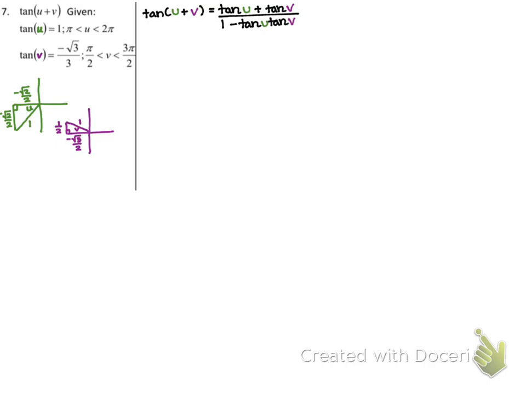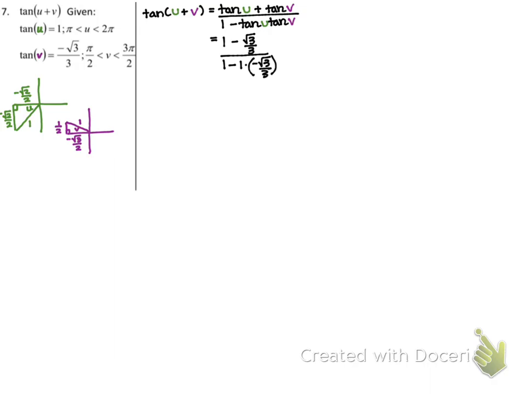Okay, now we're just going to bounce around. So tangent of the first one is 1 minus, tangent of the second one is root 3 over 3. It was negative, so that's where my subtraction sign comes from. And then I've got 1 minus 1 times negative root 3 over 3.